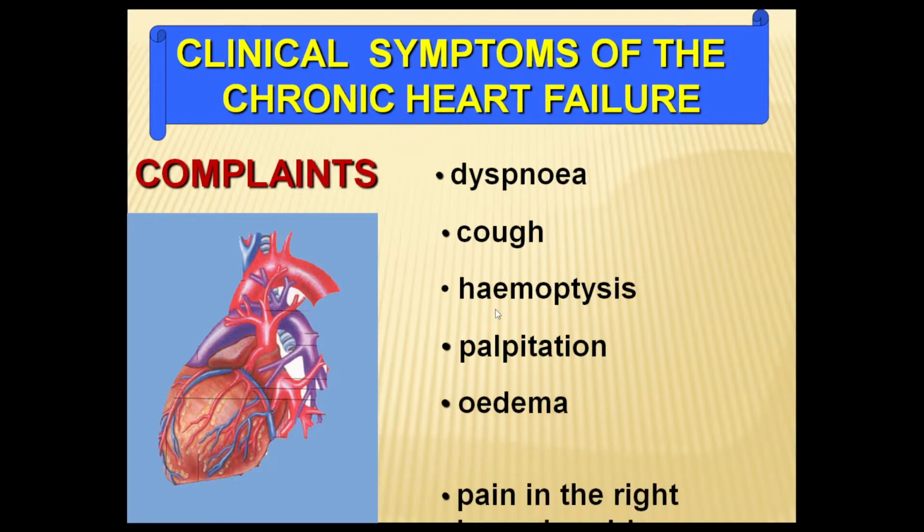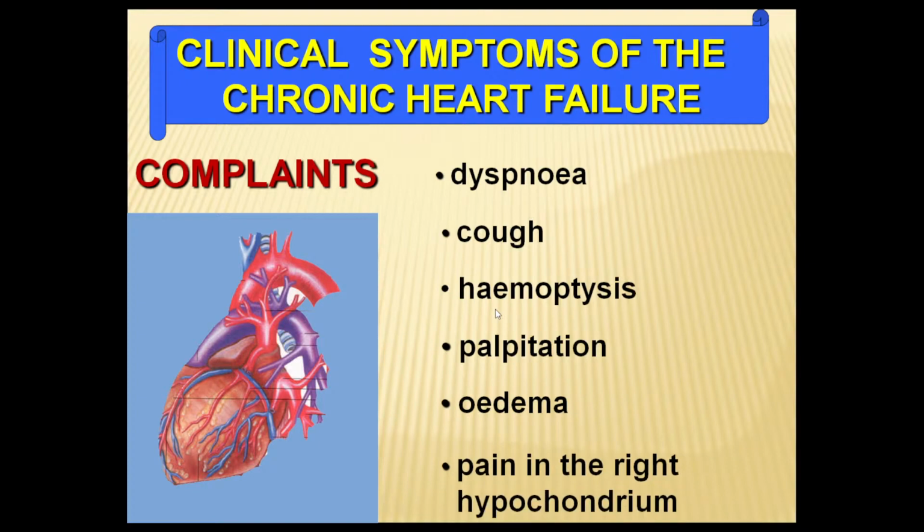Edema and pain or discomfort in the right hypochondrium indicate congestion of blood in the greater circulation due to right ventricular failure. In other words, when your patient with a heart problem complains of dyspnea, cough, hemoptysis accompanied with palpitation obligatorily, or edema, discomfort in the right hypochondrium again accompanied with palpitation, which shows involvement of the heart, we must think about heart failure.